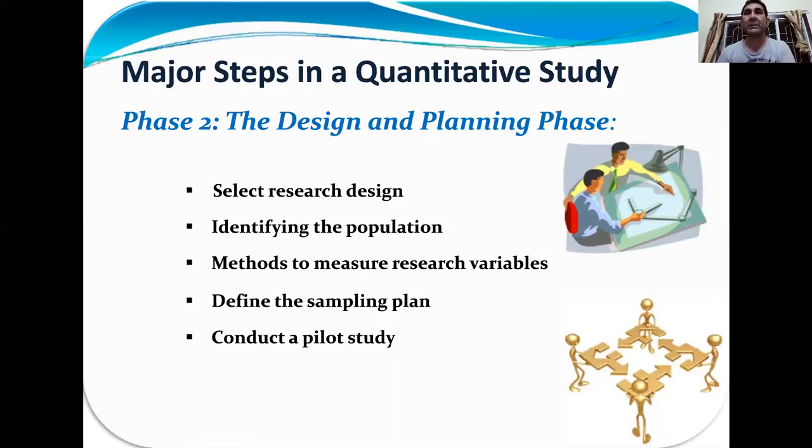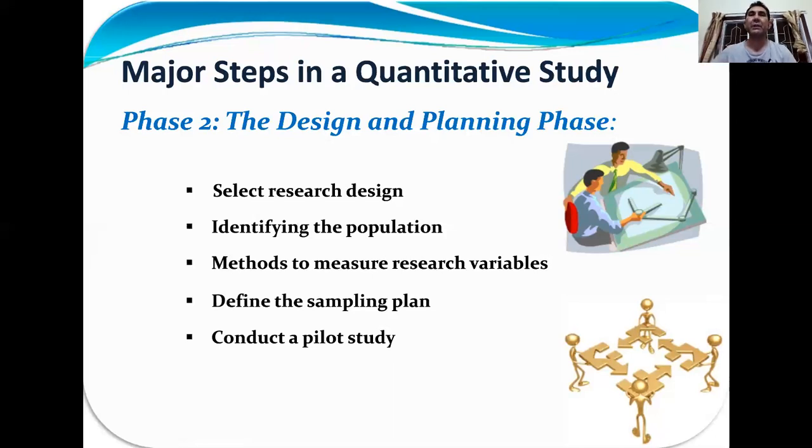So in the experimental design, you conduct the study through some intervention, a surgical procedure, a nursing procedure, or any drug trial or herbal trial. You can do it in the experimental study design.